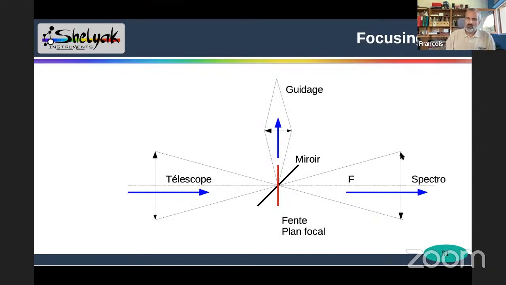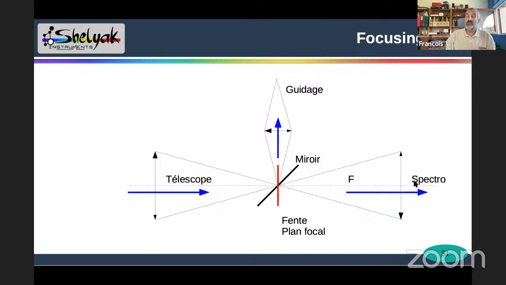Here I only have the collimator lens at the beginning of the spectro, and you have the guiding image system that is able to look at the telescope field of view by transporting the image at the focal plane. So it means that you have 3 optic systems that must be focused on the slit. So really the slit is the center of the world. And the idea is really to do that.